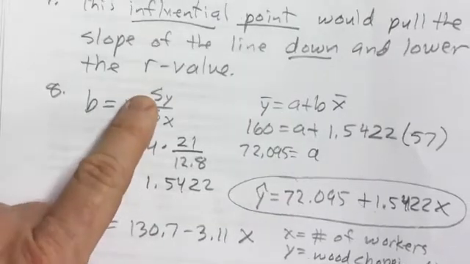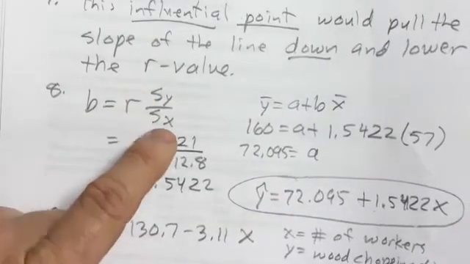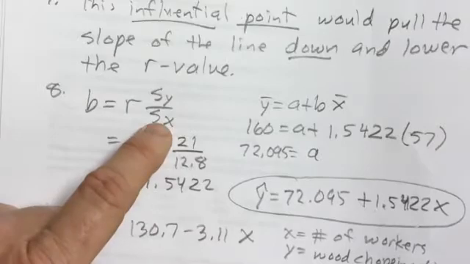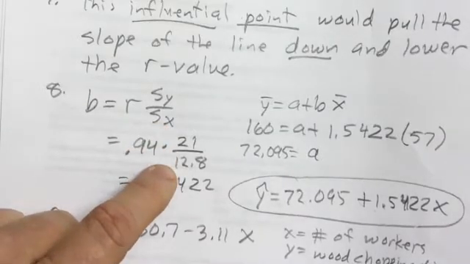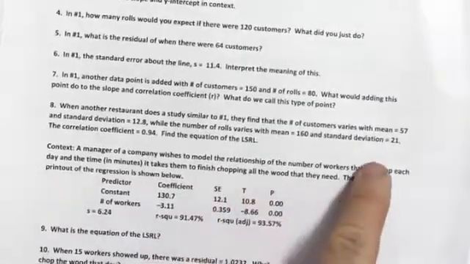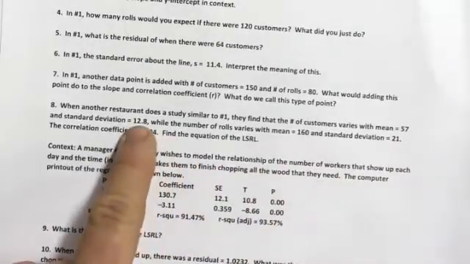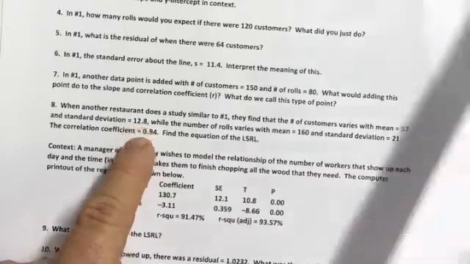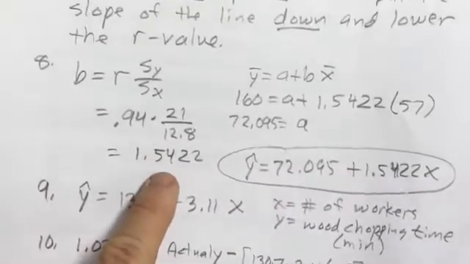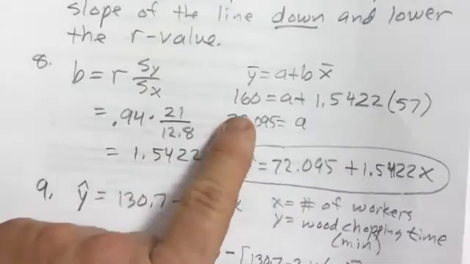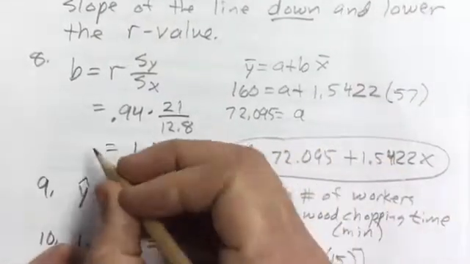The standard deviation of the response variable, the number of rolls, is 21, and of the explanatory variable, the number of customers, is 12.8. I multiply that out and get 1.5422. So that's b.